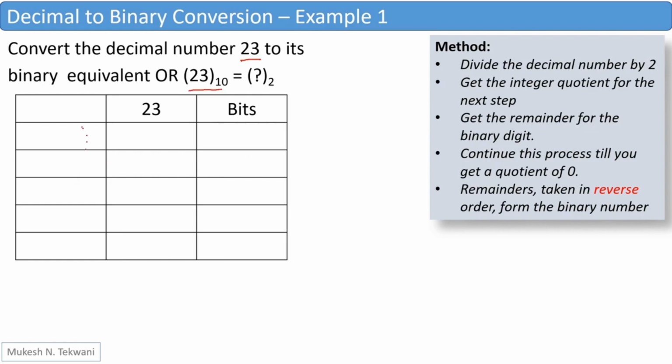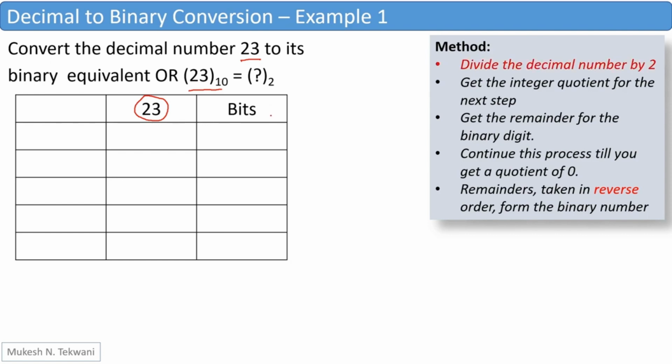So we have made here three columns. In the first column we will write down the multipliers, that means the divisors, 2. Then we have the number that we want to divide. This number appears in the central column. This is the number that has to be converted, and in the last column we will write down the remainders, and these remainders will give us the bits of the binary number.